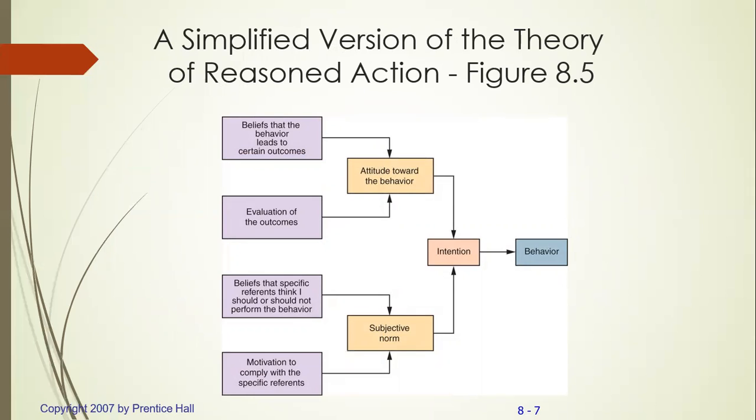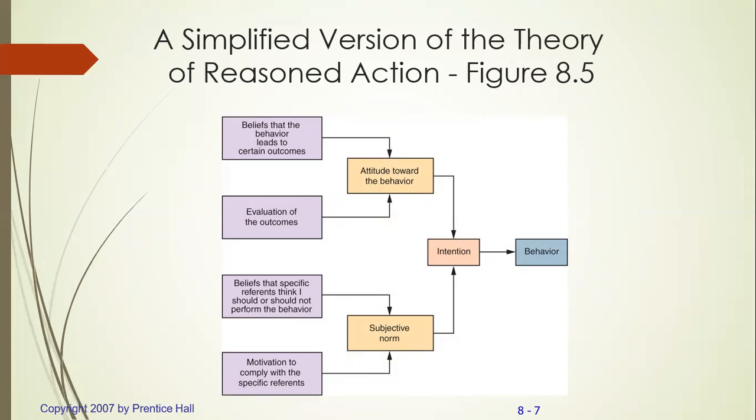Every consumer has his own beliefs, and these beliefs lead to the attitude toward the behavior, which leads to the intention and the behavior of the consumer. The second aspect is evaluation of the outcomes. Every consumer evaluates the outcomes, and again it leads to the intention and the behavior of the consumer.